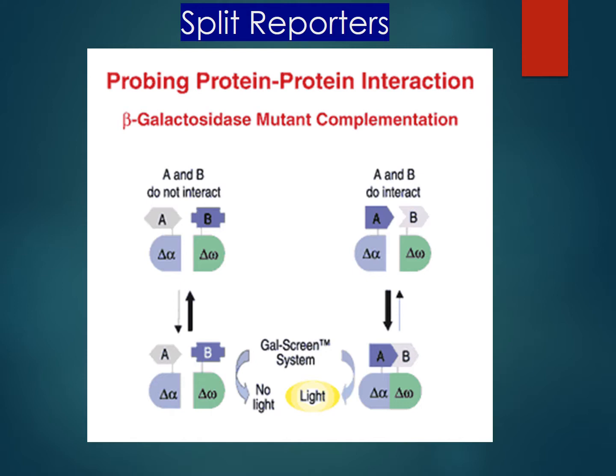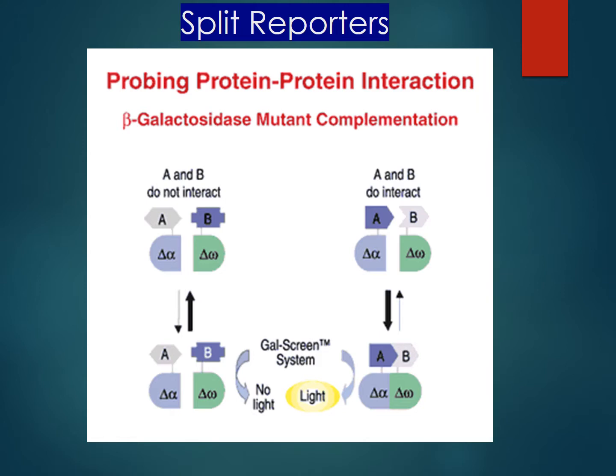So you could find two proteins from the yeast 2 hybrid. You could test it this way as well. Here the prey and the bait do come together. A does handshake with the protein B, and as they bond together, they recreate, they complement then the beta-galactosidase.